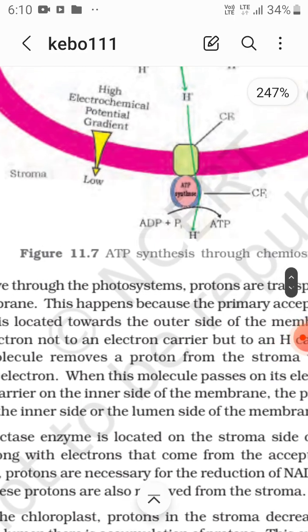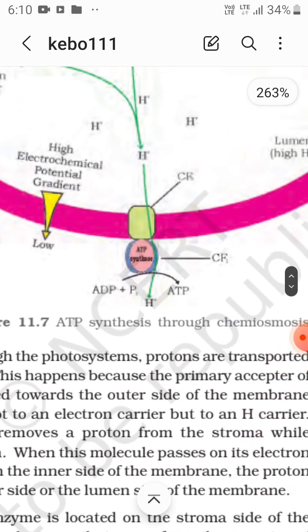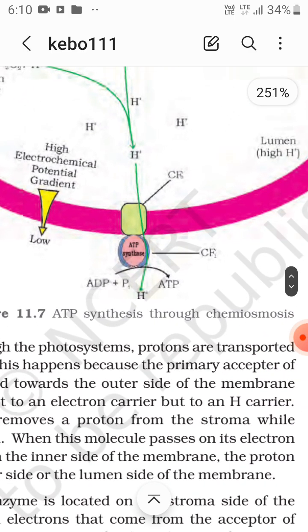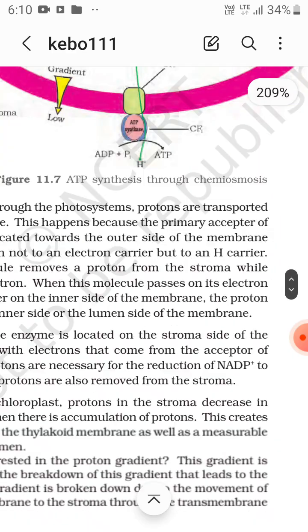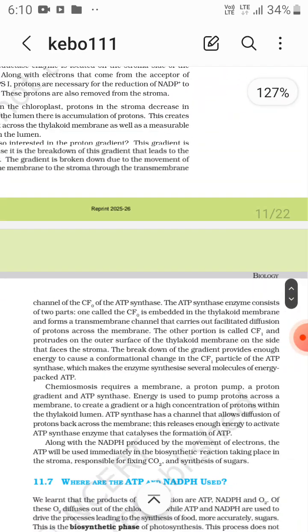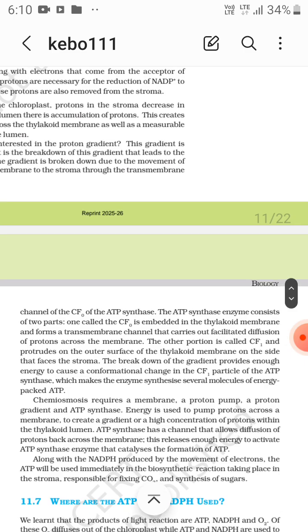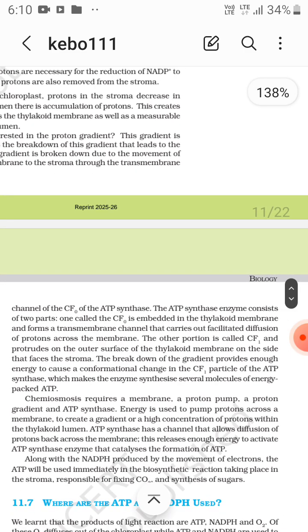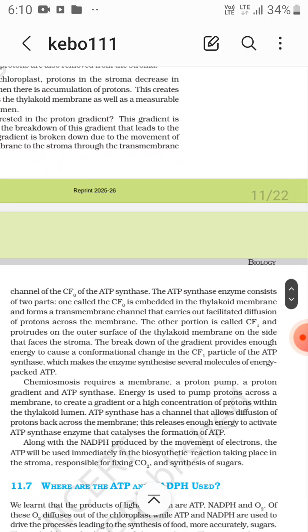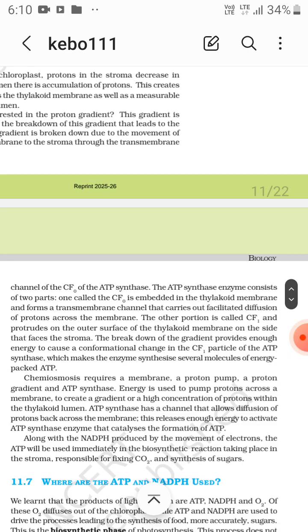So ATP synthase has the transmembrane channel, that is CF naught, and it has the CF1 as well on the outer side. The ATP synthase enzyme consists of two parts. One is called the CF naught, which is embedded in the thylakoid membrane and forms a transmembrane channel that carries out facilitated diffusion of protons across the membrane.